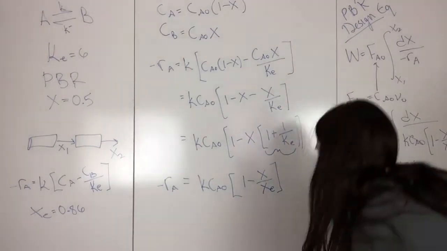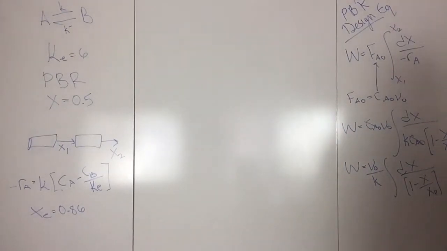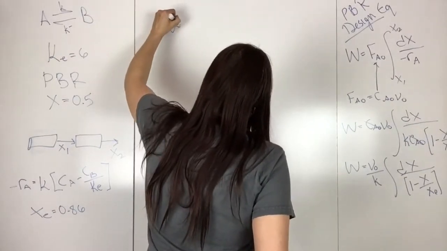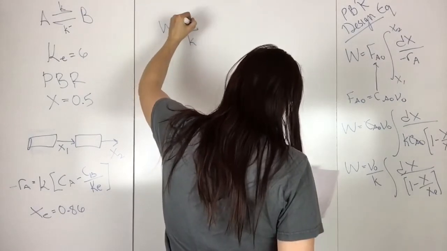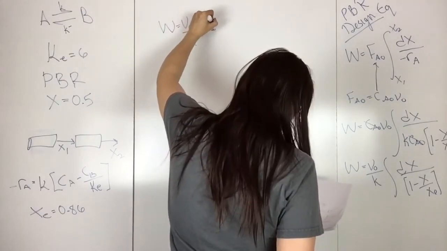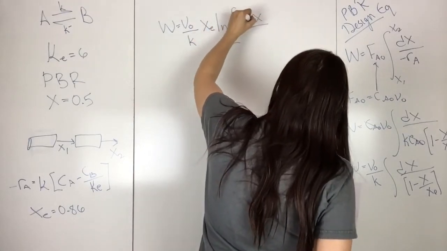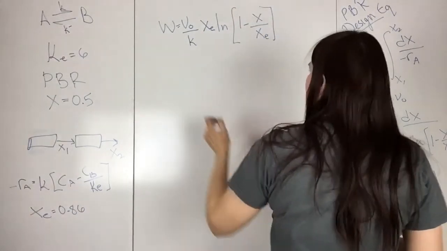And I'm going to erase some stuff. So I'm just going to integrate this equation now, and this is, once again, either in the back of the book, in the appendix, I think it's Appendix A, or you can solve it however you want. So solving that, we get W is equal to V naught over k, Xe natural log (1 minus x over Xe). This is negative.